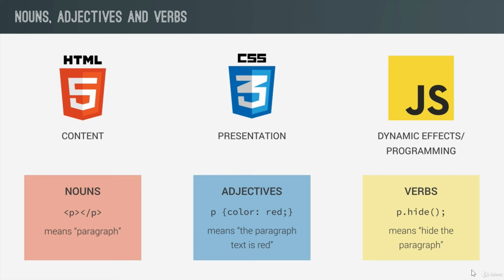So paragraph here is the noun. CSS then is the adjective, because it describes the noun, like saying the paragraph text is red. And so there is the adjective. And then finally, JavaScript is the verb, like saying hide the paragraph. And so we are doing something here, and so we have a verb. Okay, does that make sense? And so that is the role of JavaScript in web development.